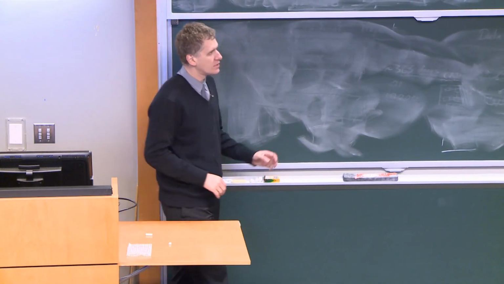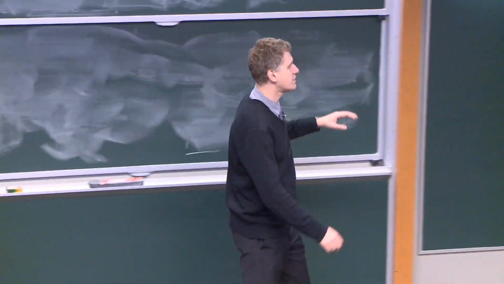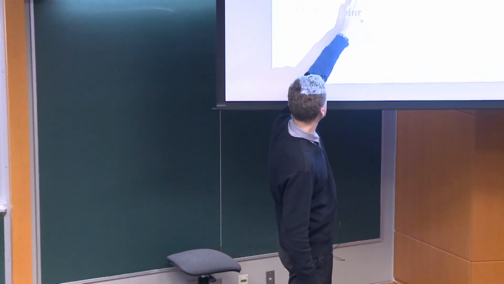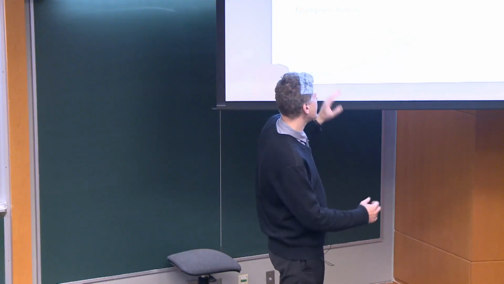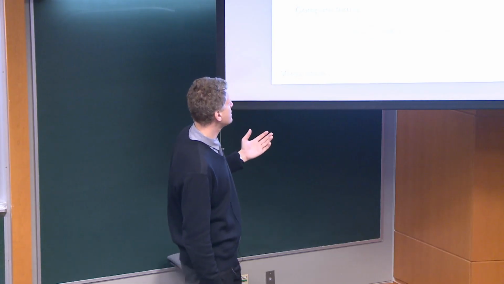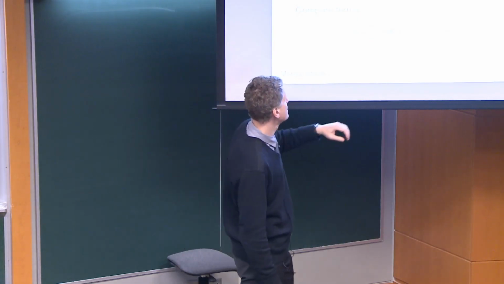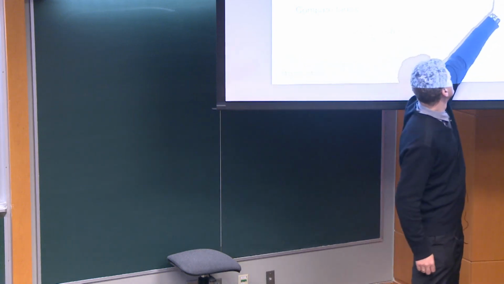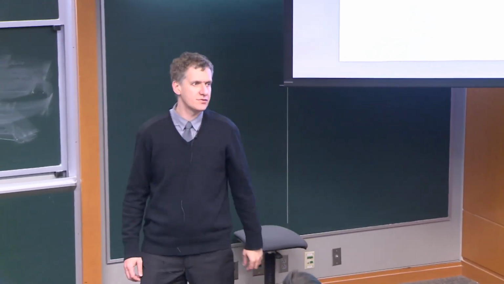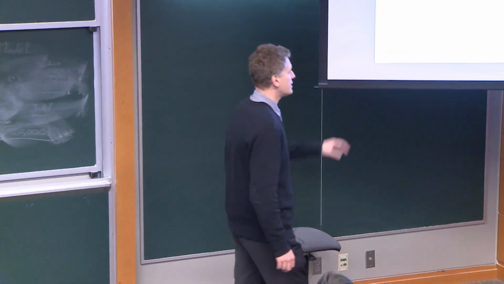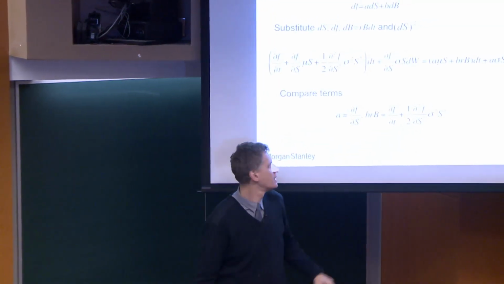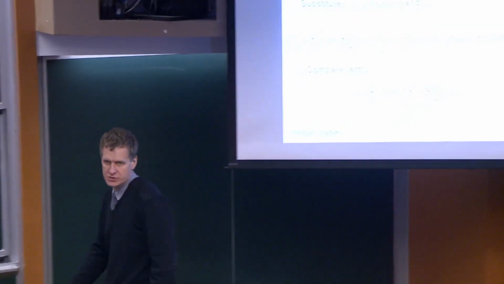So we substitute everything into the formula above. This is just our df with ds expanded and everything, and then we start comparing the terms. One immediate thing to notice is that A has to be equal to df over ds for this to hold. And if we compare the terms near dt, we'll get this expression here. But that's actually the most important part.